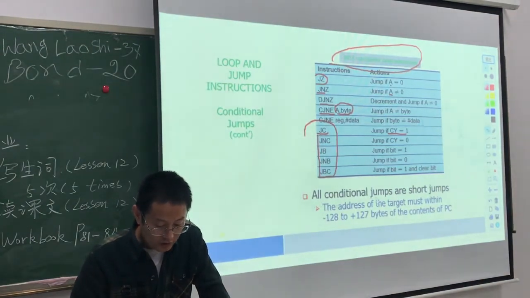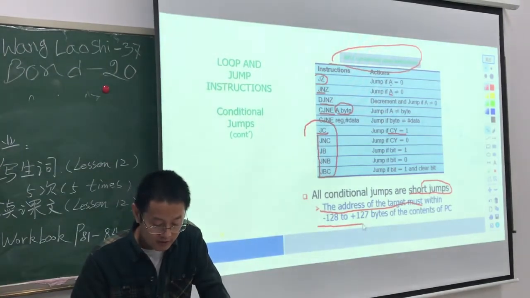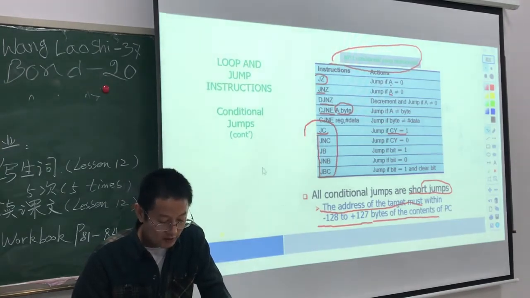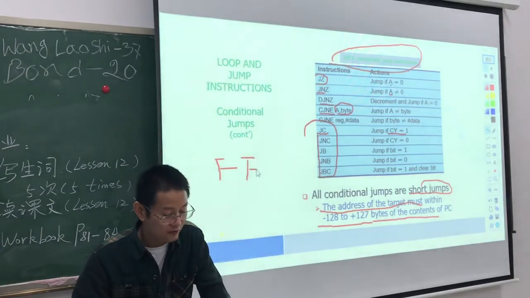All conditional jumps are short jumps. The address of a target must be within minus 128 and positive 127 of the PC. If we use 8 bits, the maximum is FF.